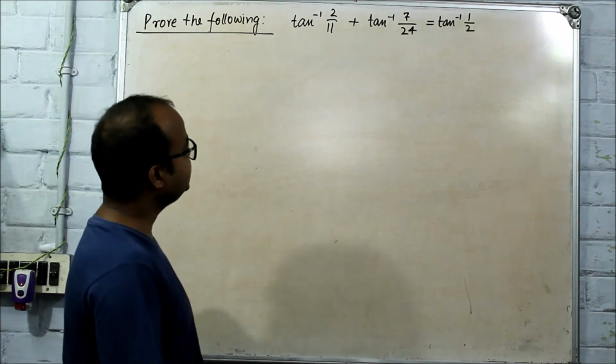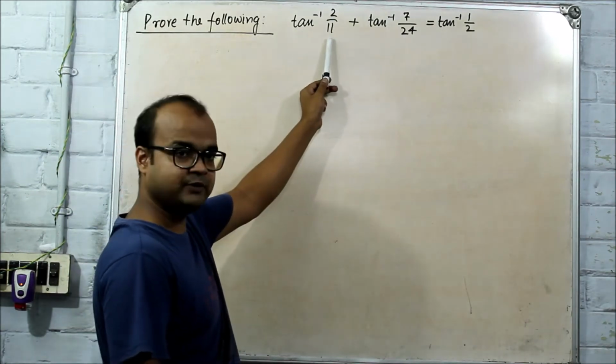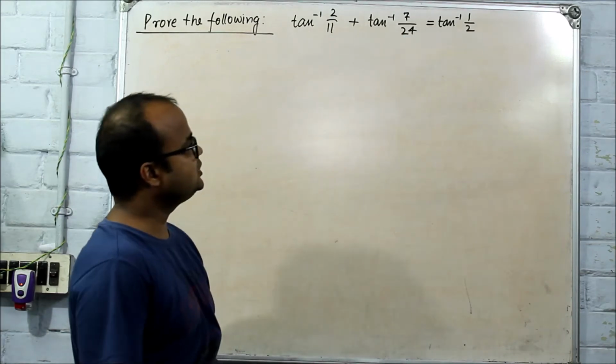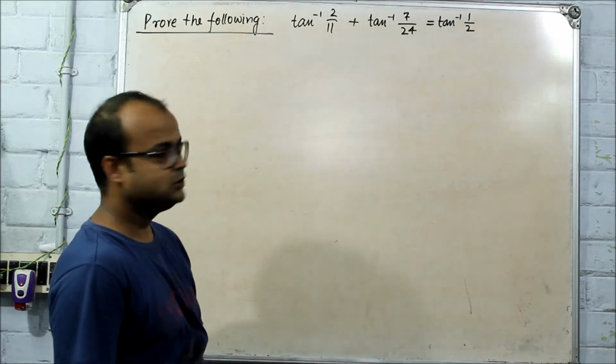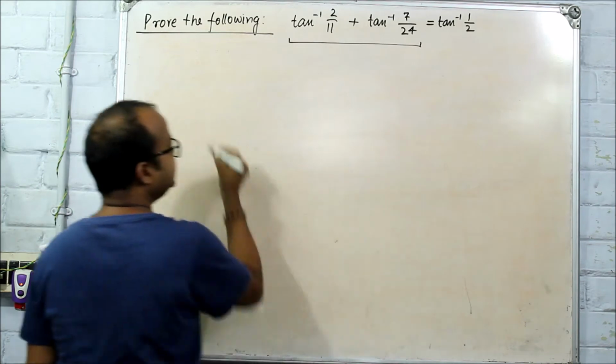Moving into the next problem, we have to prove that tan inverse of 2 by 11 plus tan inverse of 7 by 24 is equal to tan inverse of 1 by 2. So, first we'll take the left hand side.